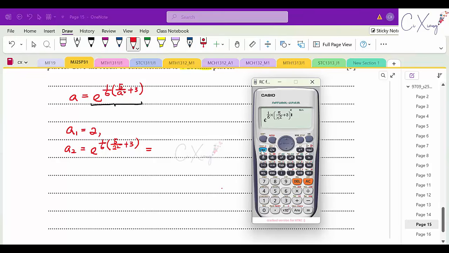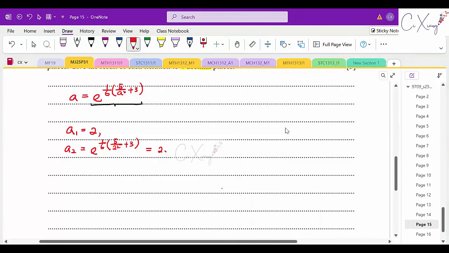You press calculate, then key in the value of 2, then press equal. You get 2.030604097. It's very long, right? We should cut it short to 4 decimal places, so it should be 2.0306. So here I will write out 2.0306.